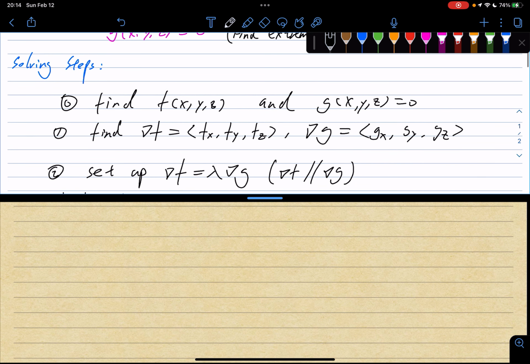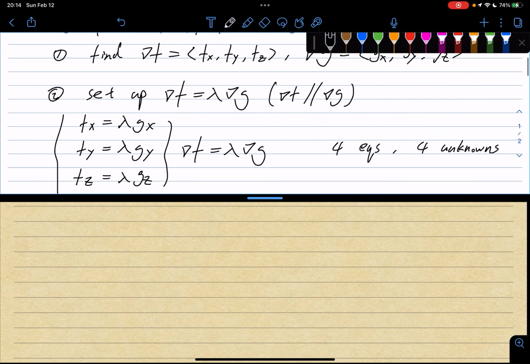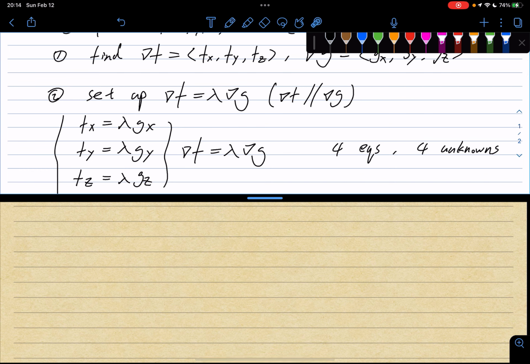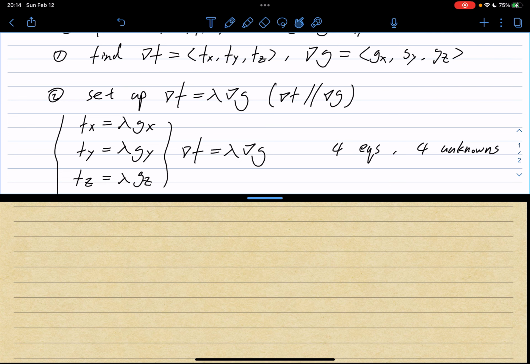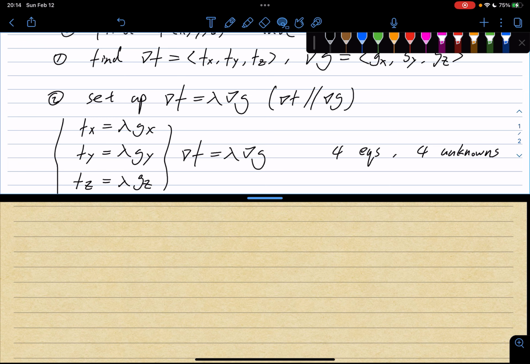So let's go ahead and set it up. We're going to have fx, fy, and fz, right? And then equals lambda times gx, gy, gz. So this is the part that we just set up over here. But what you would realize is that since this is a 3-variable function, and we also have a Lagrange multiplier, that's 4 variables, but we only have 3 equations, right?